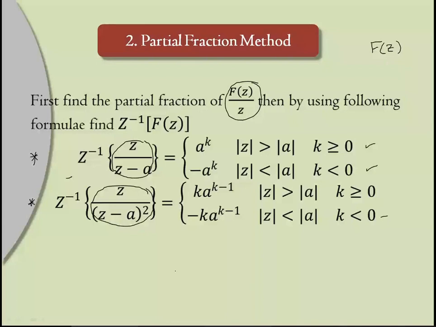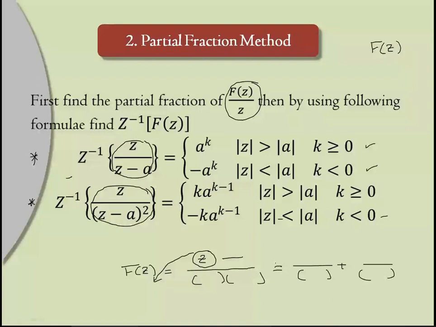Now, when to use this partial fraction method? If you are given f of z equal to some function, and we can easily take z common from the numerator term, then take this z to the other side, separate out the denominator by using partial fraction, and take this z back to the other side.